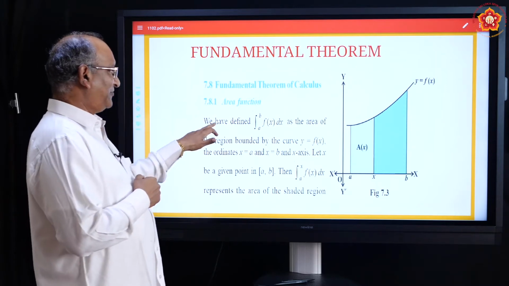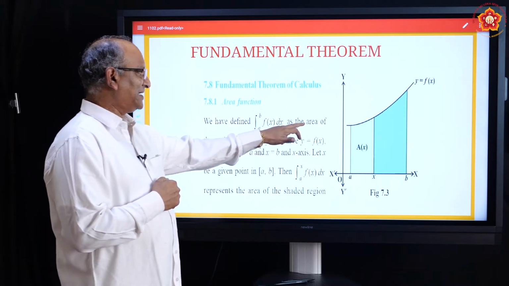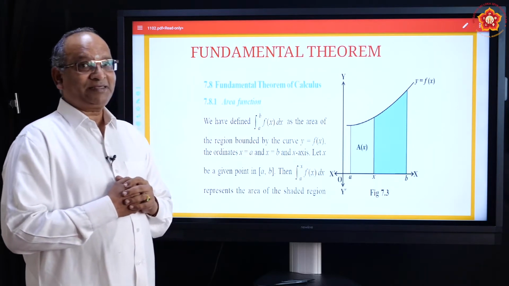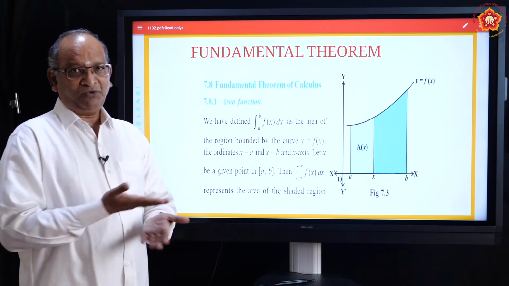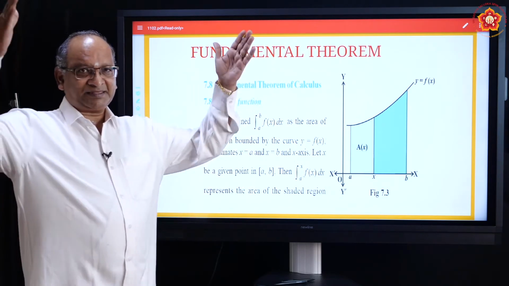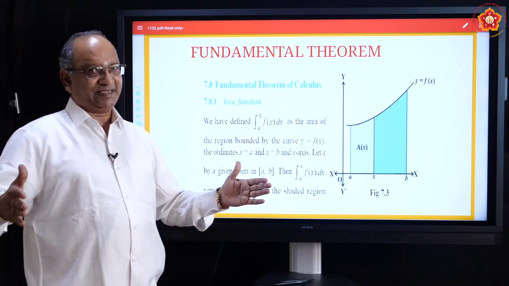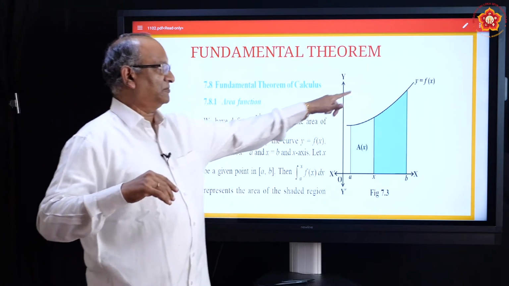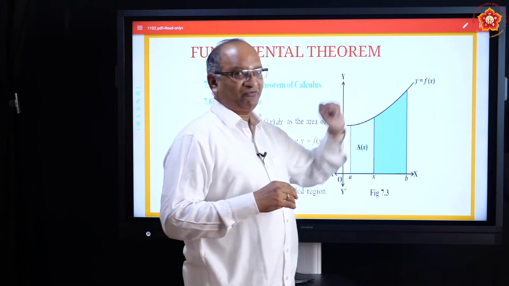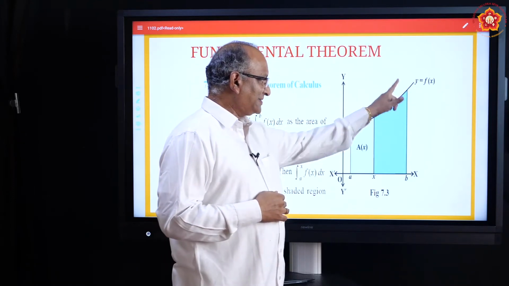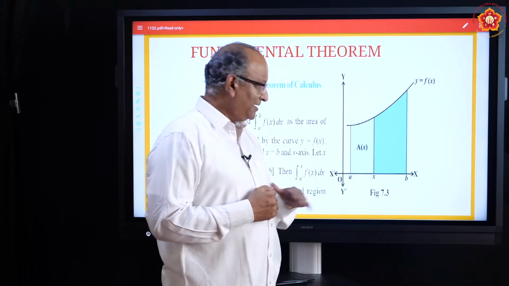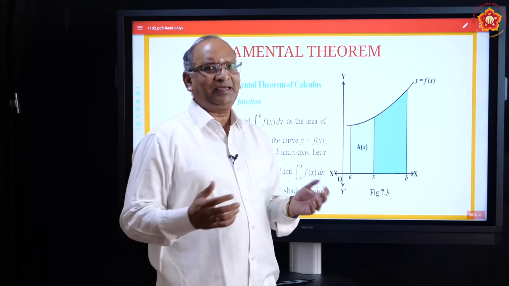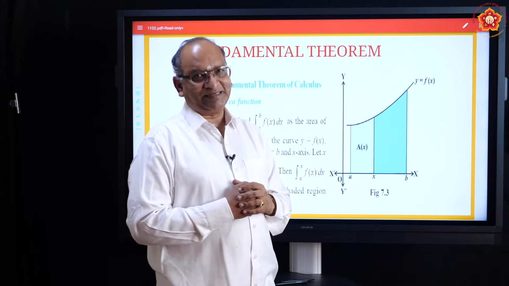We know that we have defined the integral from a to b of f(x) dx as the area of the region bounded by, try to recollect, the x-axis down below, the ordinates x equal to a and x equal to b at the sides, and at the top the curve y equal to f(x). These are the boundaries, above the x-axis. So what are we doing here differently from what we did yesterday?